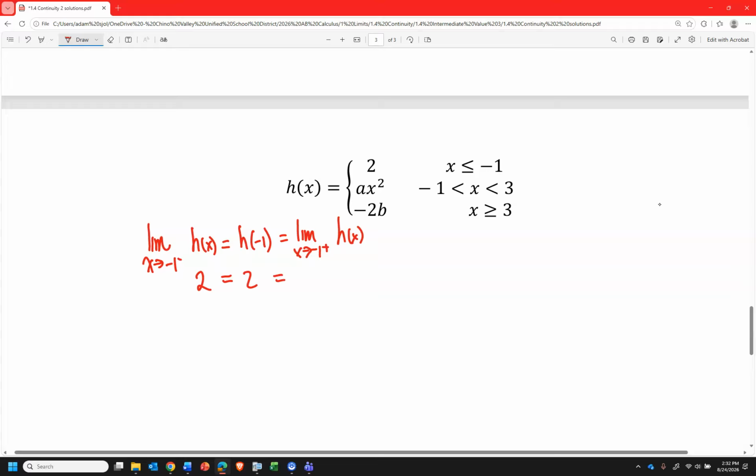And that we're going to rewrite as the limit as x approaches -1 from the right, and instead of h there, we'll use the symbol ax squared. That's the part of h that we would use for -0.9, -0.99, -0.999. And by putting in the word so, it's very clear that I combine the two 2's together. And what happens when you put numbers near -1 into ax squared? Well, basically you get what you would get by substitution. So we're just going to write a times -1 squared, or 2, is equal to a, and we're done.